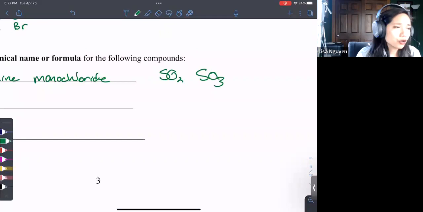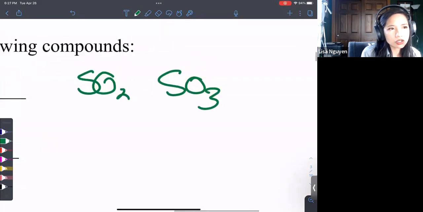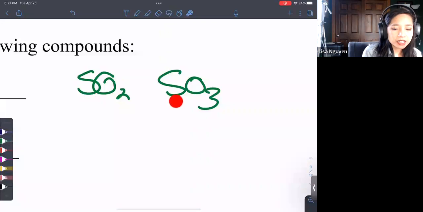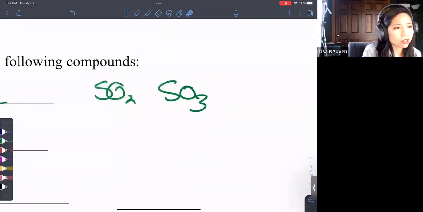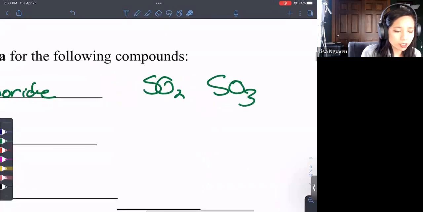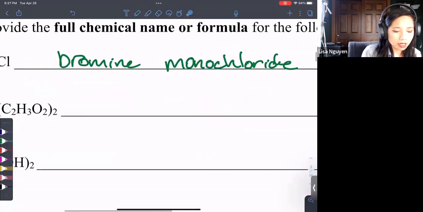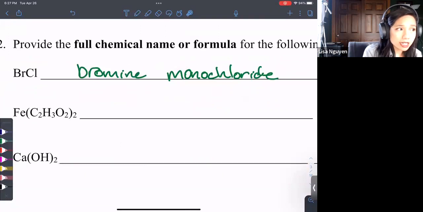Right? You name the first element, you name the second element, but how can you know how many oxygens you have if you just call it sulfur oxide? You have to say how many oxygens there are. So this would be sulfur dioxide. This would be sulfur trioxide. We have to say how many of each there are, because charges aren't as predictable like they are in ionic compounds.